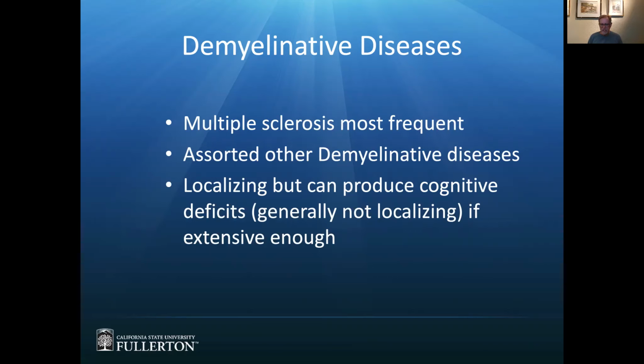The speed of the disease is very, very diverse. It can be fairly fast, or it can be long-term, and it also can be treated many times fairly successfully. I don't believe that there's anything like a cure, but many people have had multiple sclerosis for a long time and are still functioning.